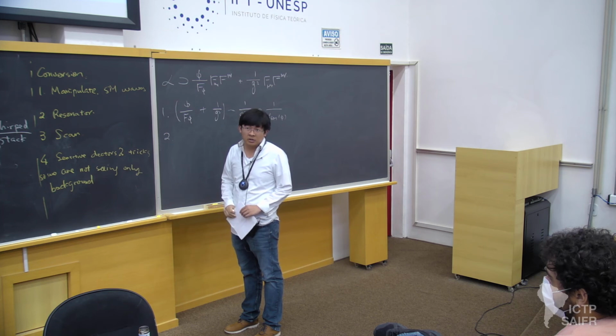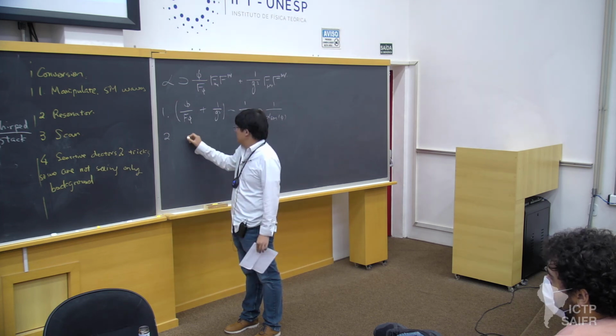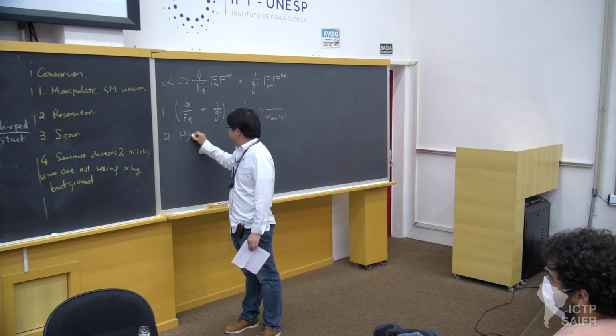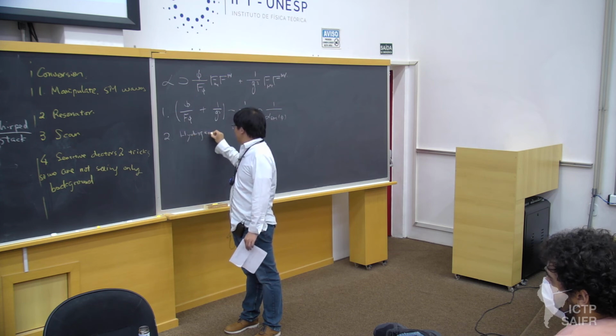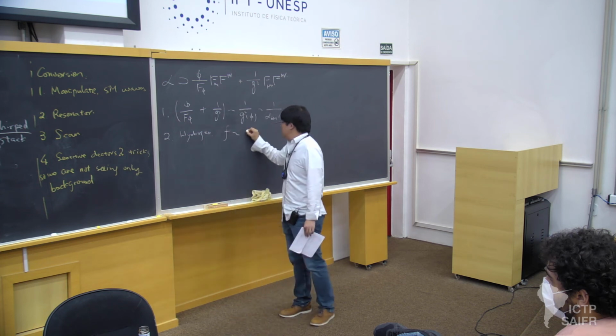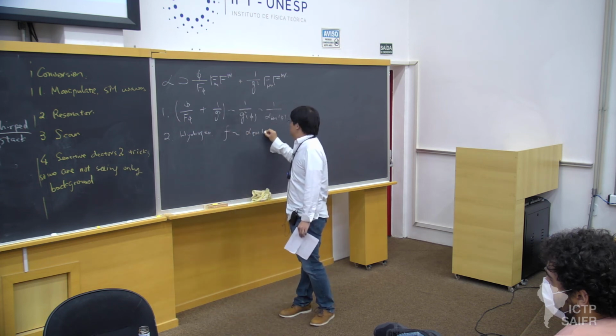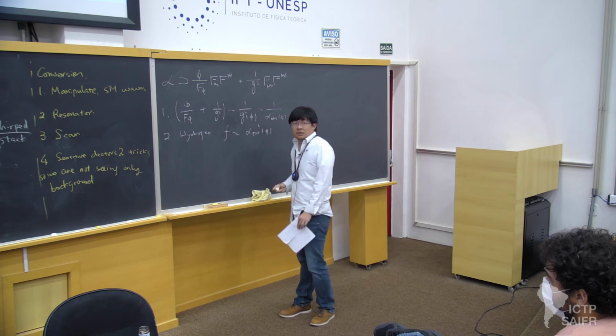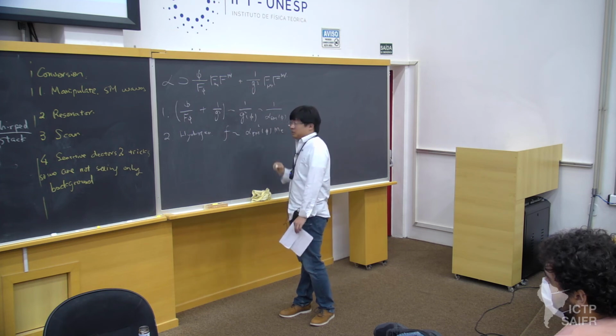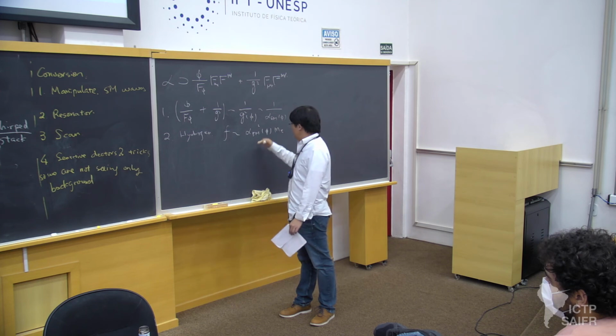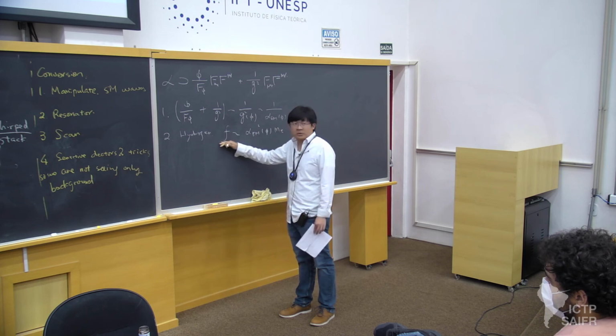For example, hydrogen line frequencies. The hydrogen line has a frequency which is proportional to the fine structure constant, now a function of phi squared, times the mass of the electron. So now my fine structure constant is changing, then this frequency is changing.